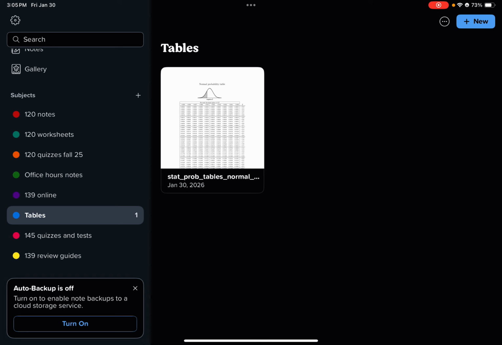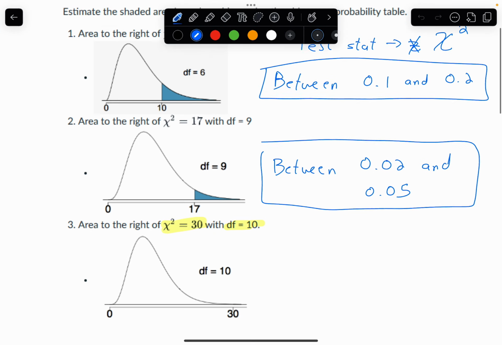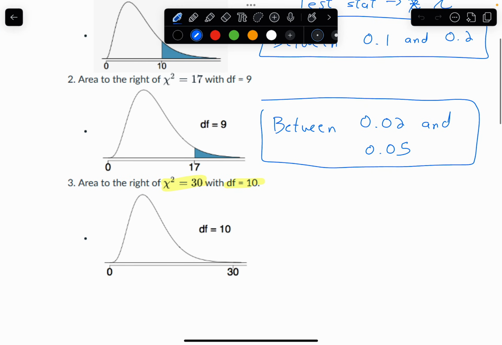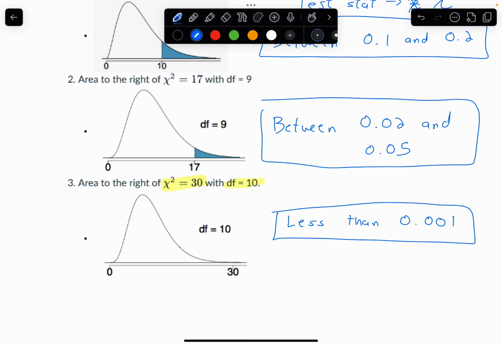So hopping back to my problem, all I can say is that this area, this p-value, is less than 0.001. So again, in all of these types of problems, we're pretty much never going to be able to say exactly what our p-value is, but we should have enough information to make our decision if we were doing a hypothesis testing problem.